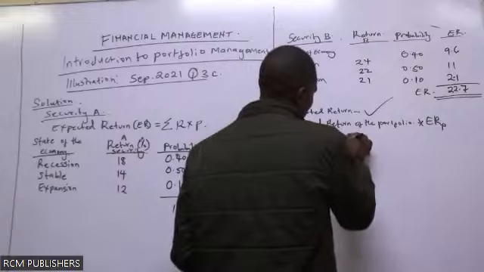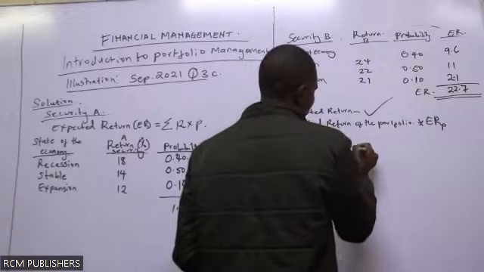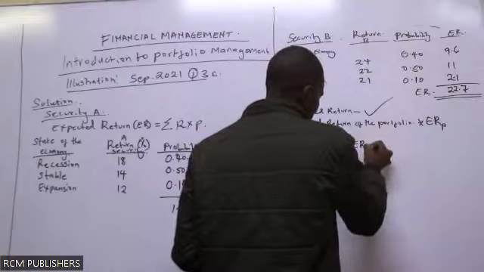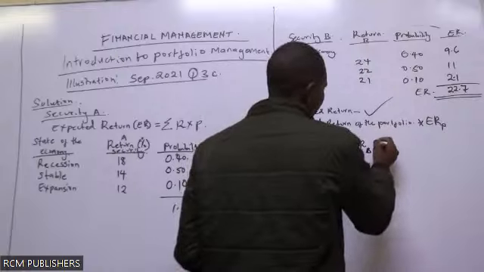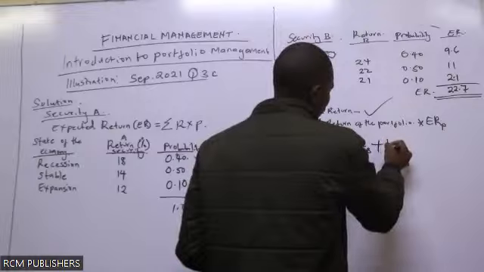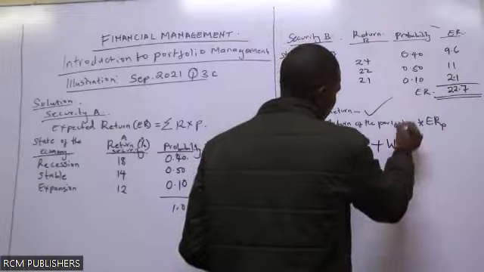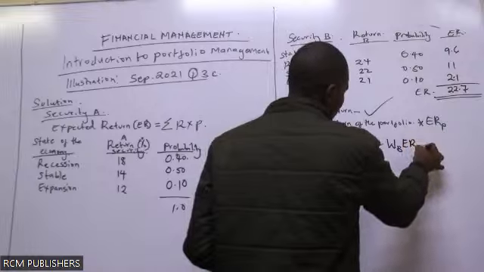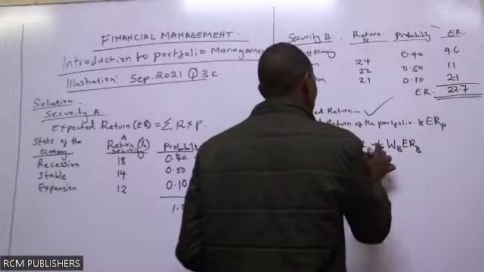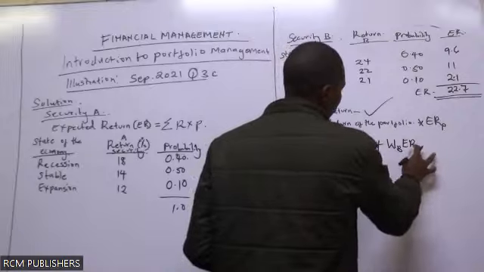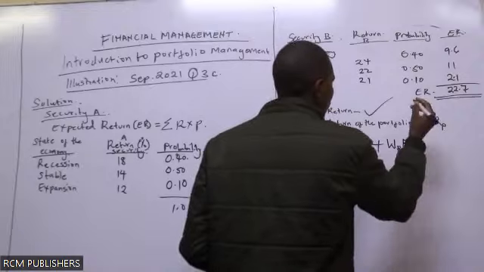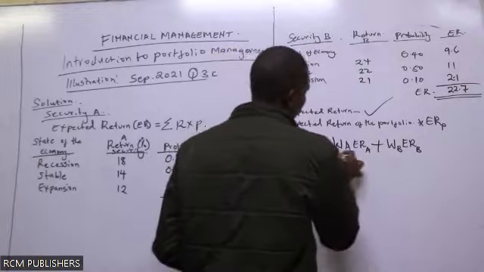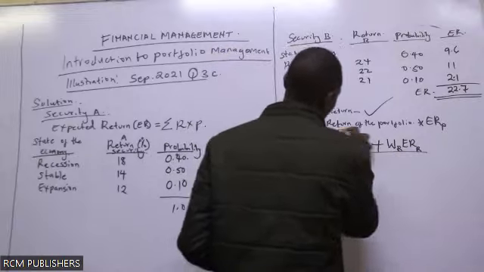So you get the weight of A times the expected return of A, then you add the weight of B multiplied by the expected return of B. Then whatever you get will be your expected return of the portfolio.